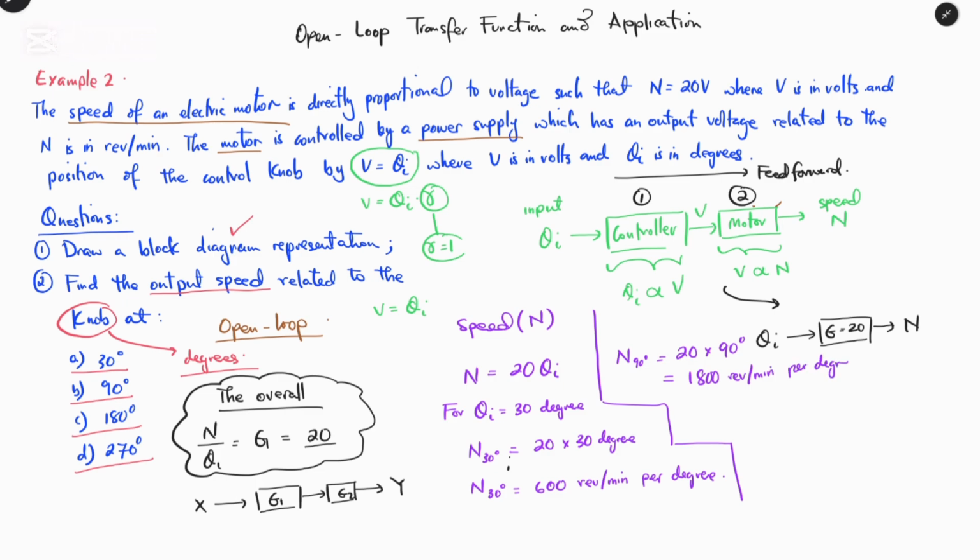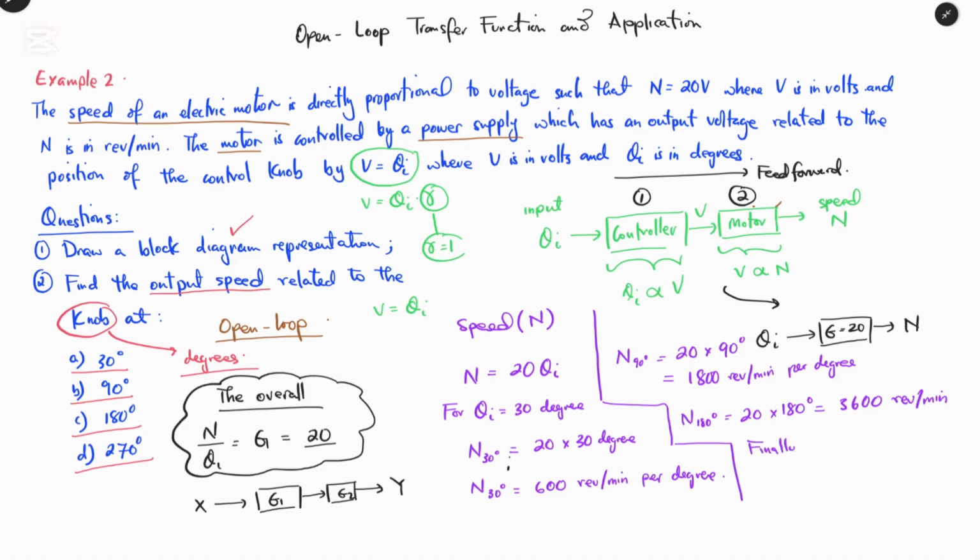And now for 180 degree, we should have 20 times 180 degree, we should have 3600 revolutions per minute.